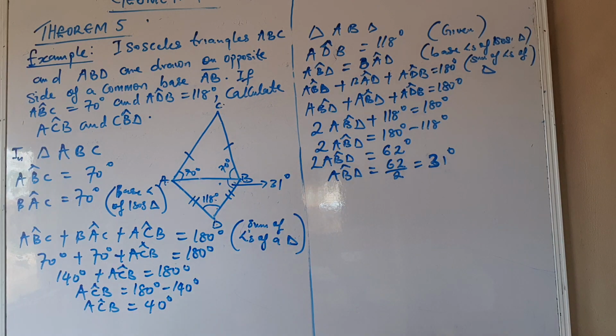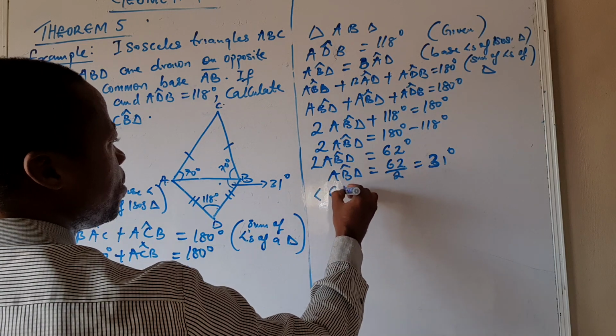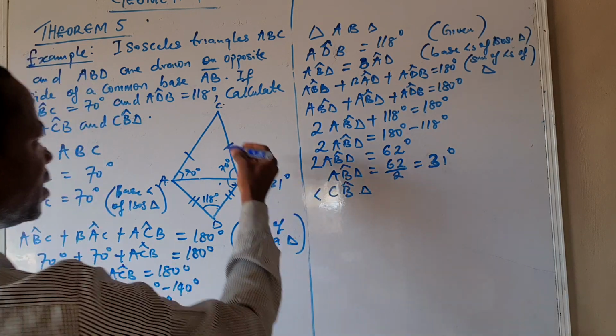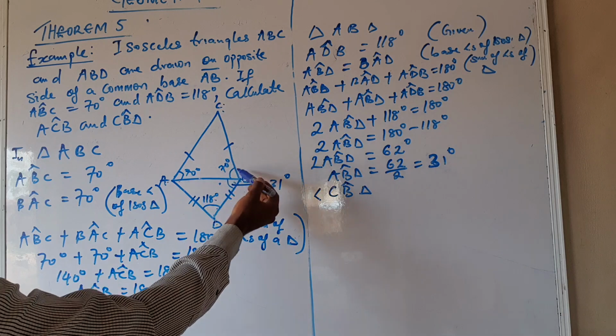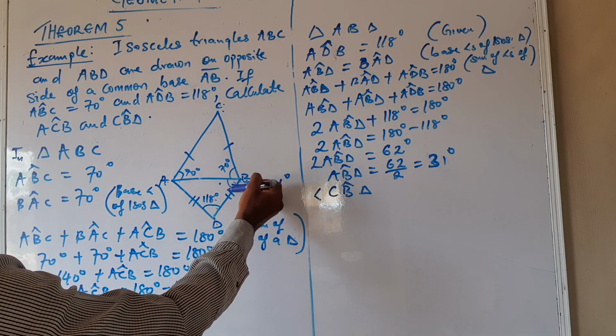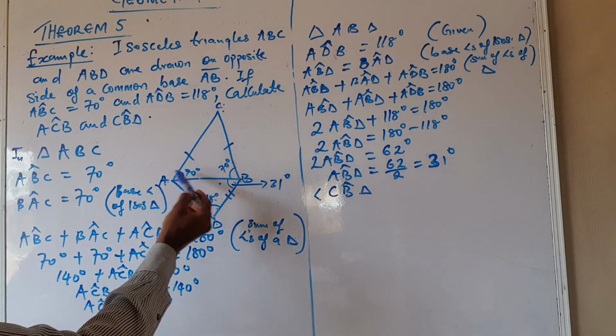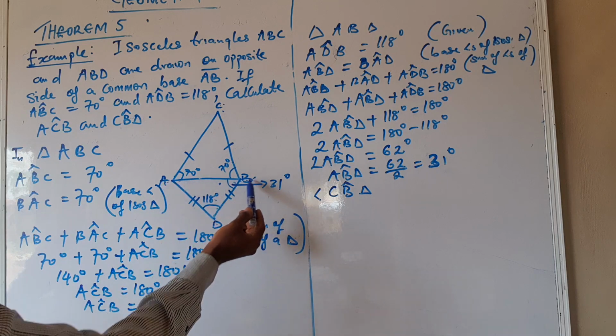So now we have to look for angle CBD. Angle CBD is talking about the total of this angle. Meanwhile, these two angles make up the sum of ABC and ABD.